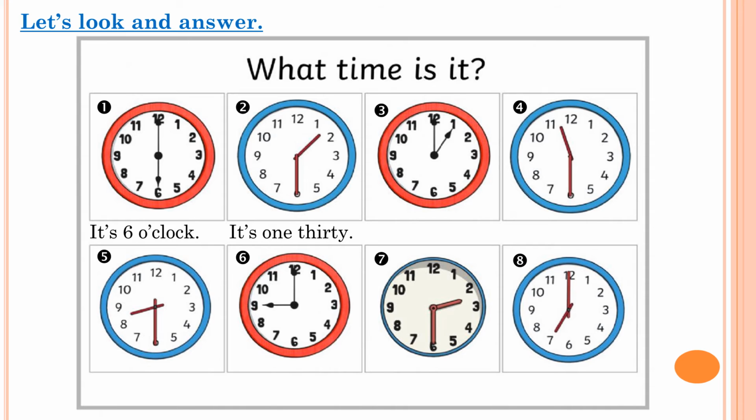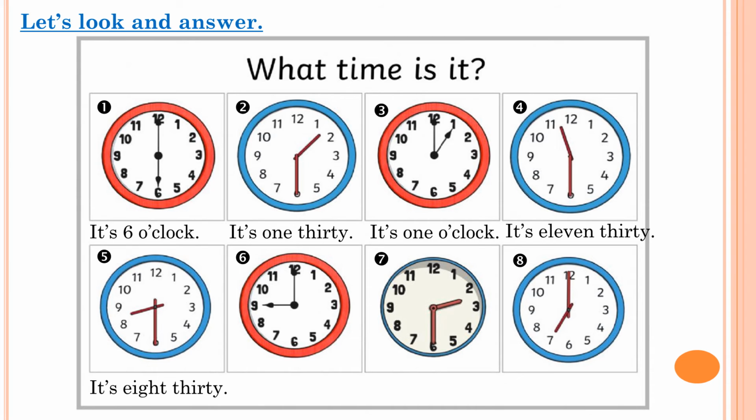Clock number 2. What time is it? It's 1:30. Number 3. What time is it? It's 1 o'clock. Number 4. What time is it? It's 11:30. Number 5.